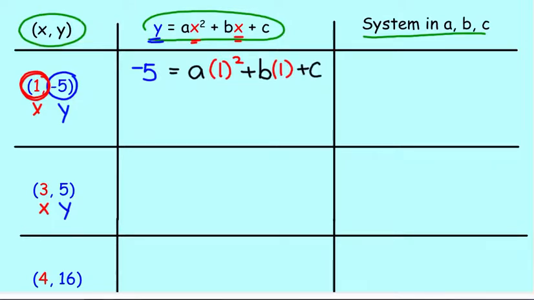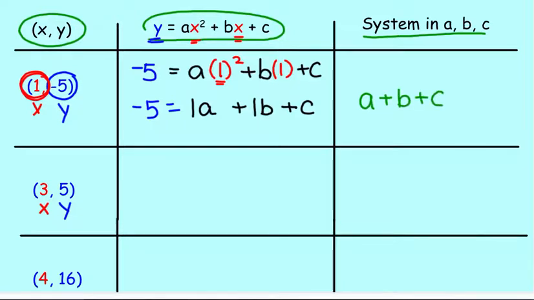The left-hand side just stays as -5, and then 1 times 1 is 1, so I get 1a, or just a if you want to leave it alone. Then b times 1 is 1b, and then c. Now I'm going to write it over here as a plus b plus c equals -5.